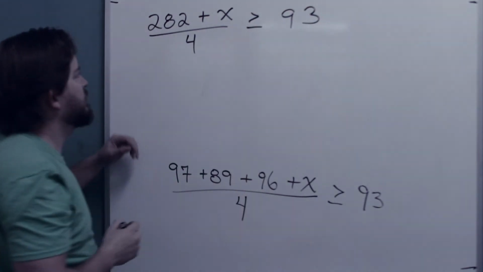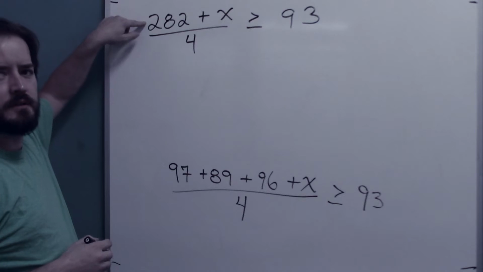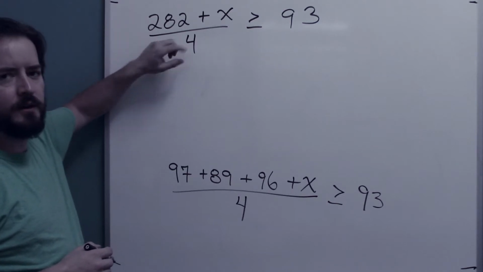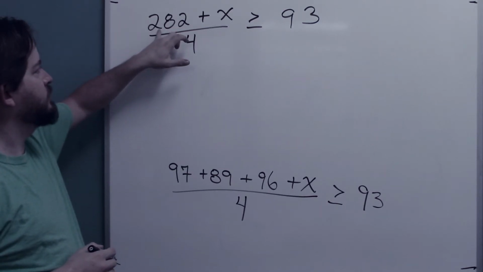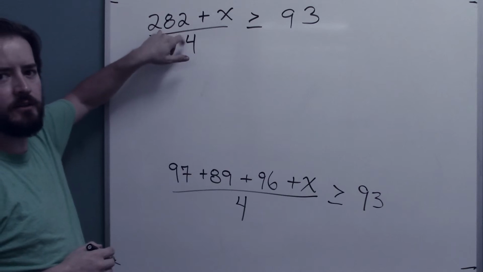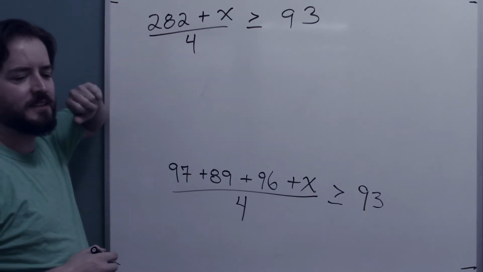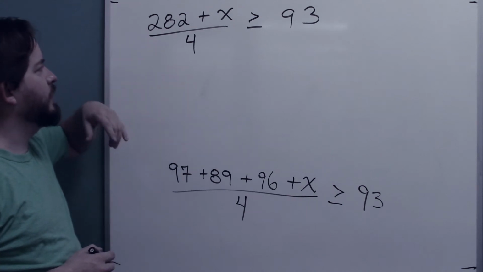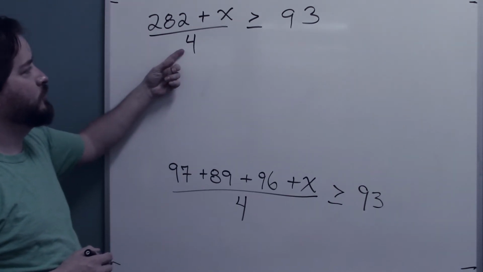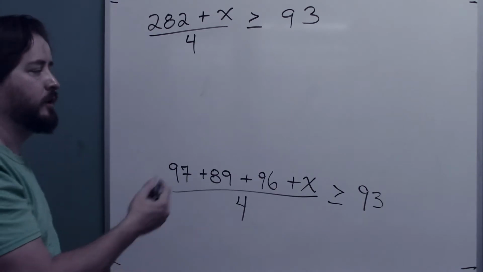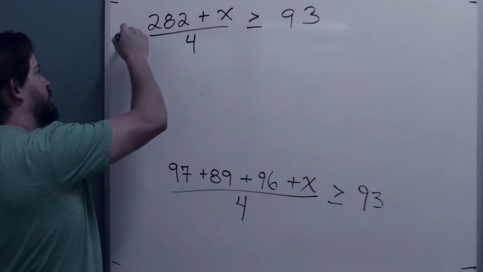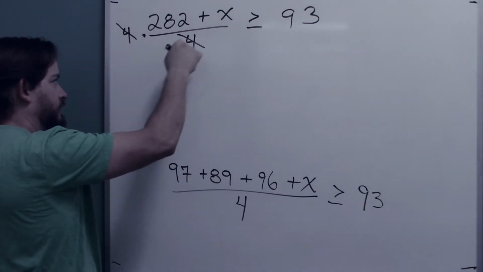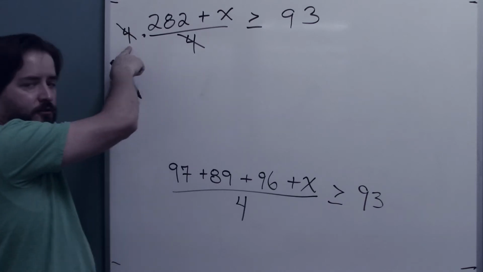And I see people try to simplify the 282 with a 4. You cannot do that because the 282 is not a factor in the numerator, it's wrapped up in a sum, right? So I can't cancel the 282 with a 4 in any way. What I can do is get rid of this 4 by multiplying both sides by 4 and eliminate the denominator. So I'll multiply the left-hand side by 4, it eliminates that 4 because this 4 is a factor, right?